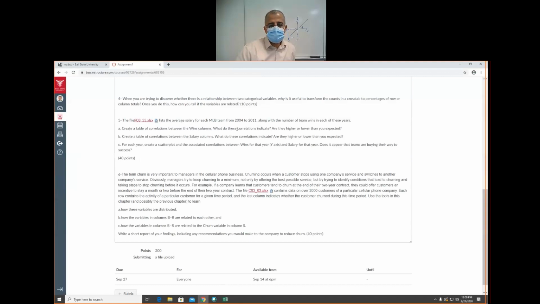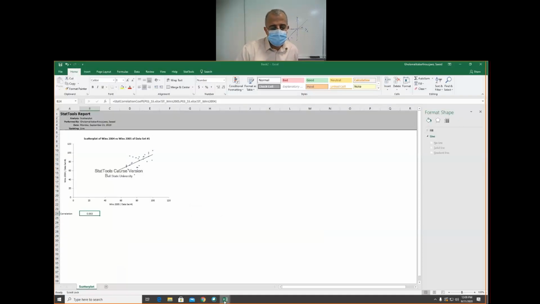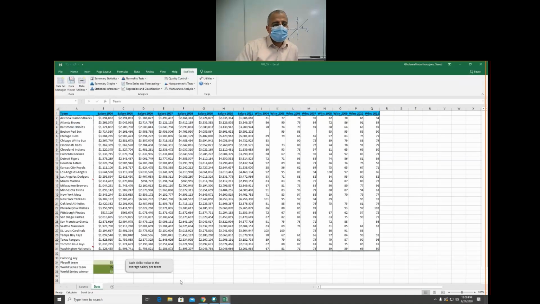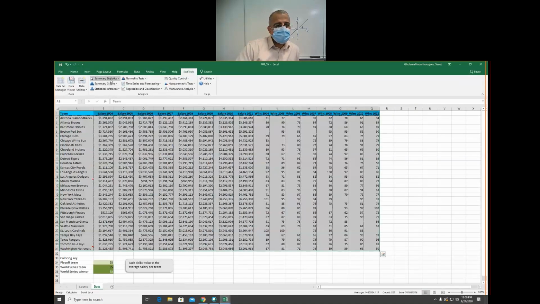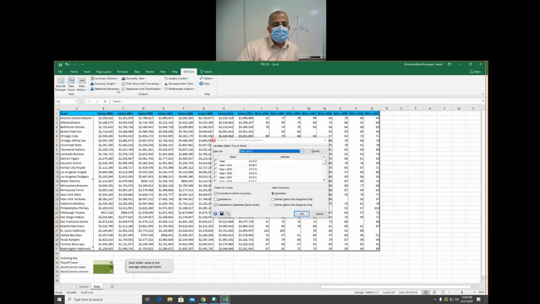And you can ask, what do these correlations indicate? Are they higher or lower than you expected? You can go through all those numbers and report the result. Create a table of correlation between salary columns. Now, for this part, we can again go to summary statistics, correlation and covariance. And this time, we should select the salary variables.